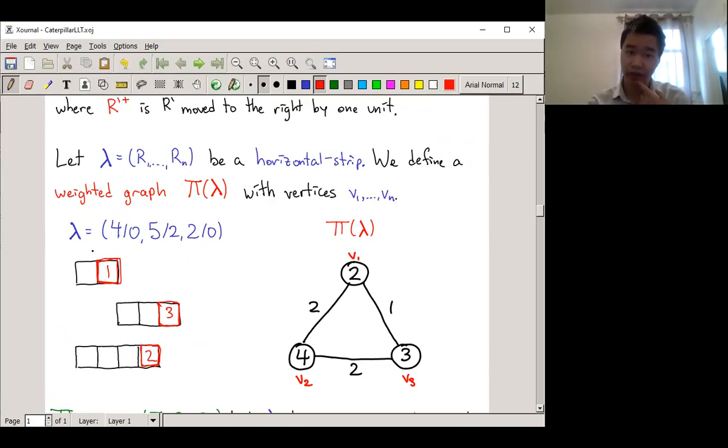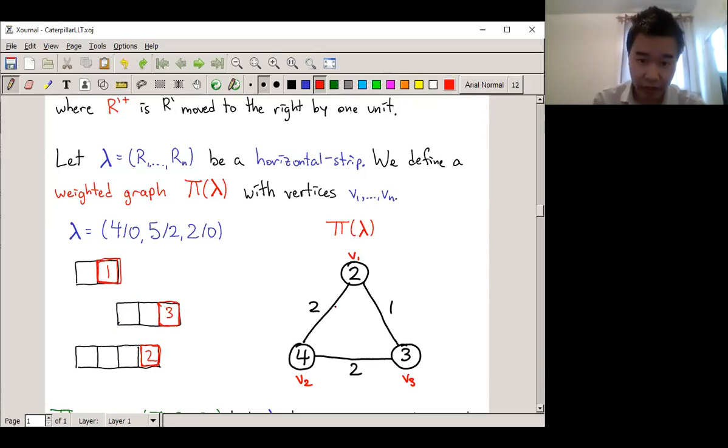Now for each row, I'm going to draw a vertex of the graph. So I'm going to have 3 vertices, v1, v2, and v3, corresponding to the rows of lambda. For each vertex, I'm going to give it a weight that tells us how many cells are in the corresponding row. So v1 has weight 2, v2 has weight 4, and v3 has weight 3.